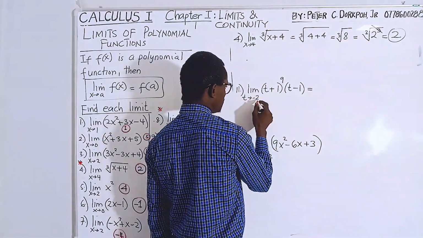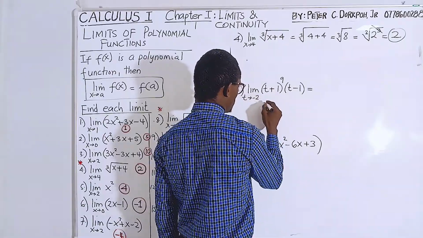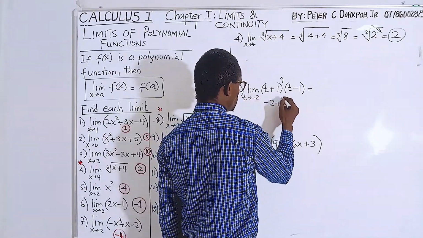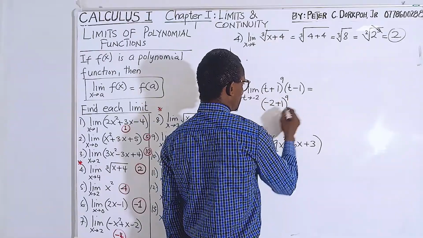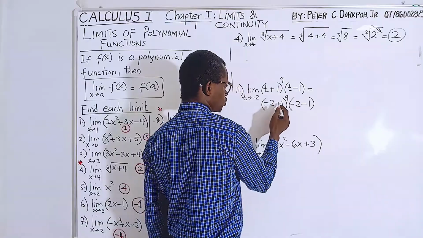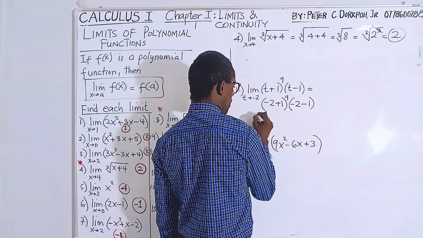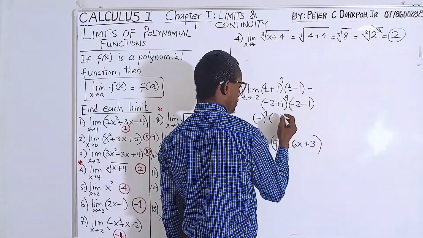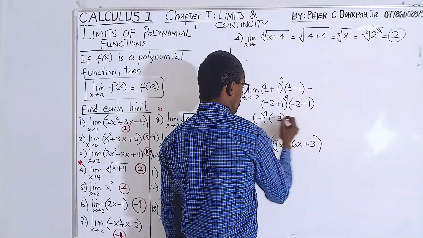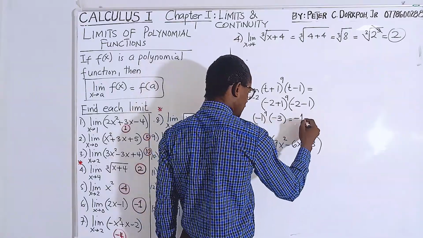So we replace t value now with minus 2. So you put minus 2 here, you have minus 2 plus 1 raised to the 9th power times minus 2 minus 1. So minus 2 plus 1 now is minus 1 raised to the 9th power. Minus 2 and minus 1 is minus 3. When the power is odd, it means it will end in negative.